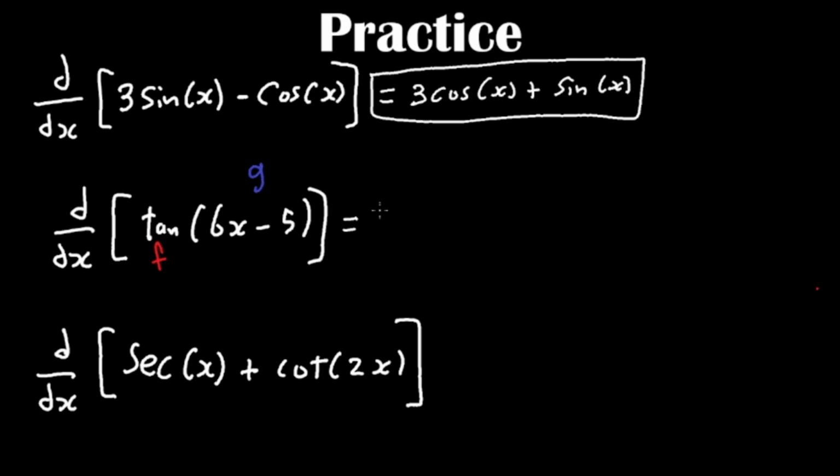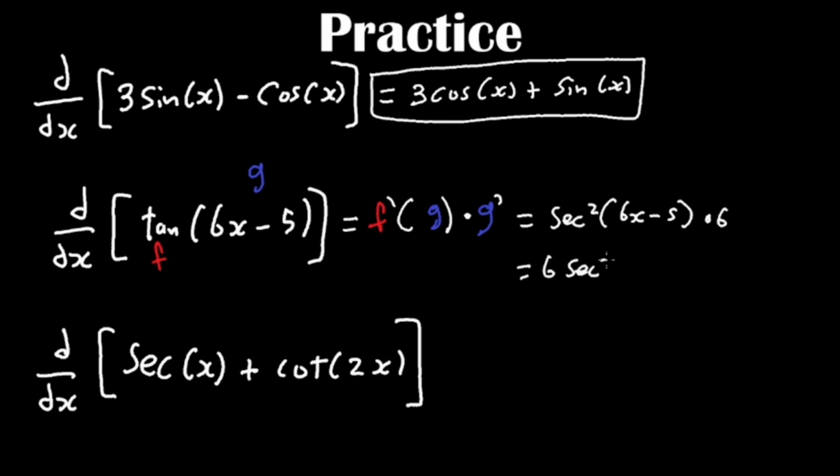This is going to be f prime of g, all times g prime. So we know that the derivative of tangent is secant squared. So secant squared of 6x minus 5. The derivative of 6x minus 5 is just 6. So this is 6 secant squared of 6x minus 5.